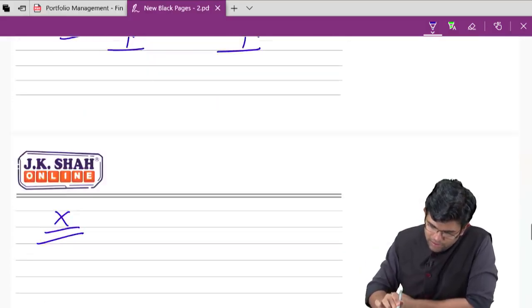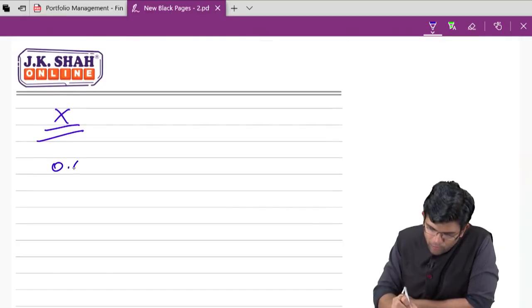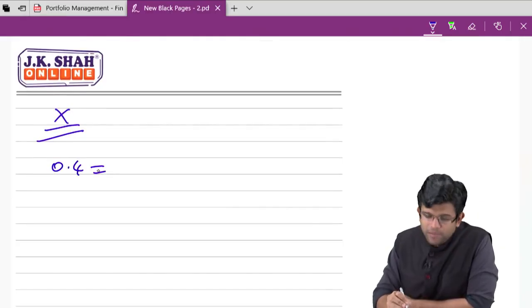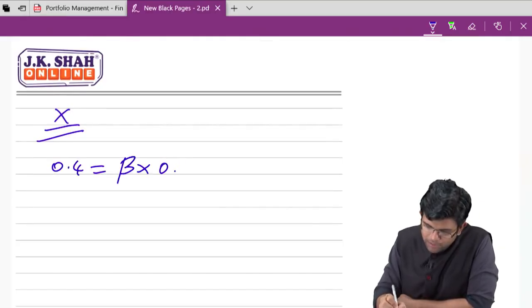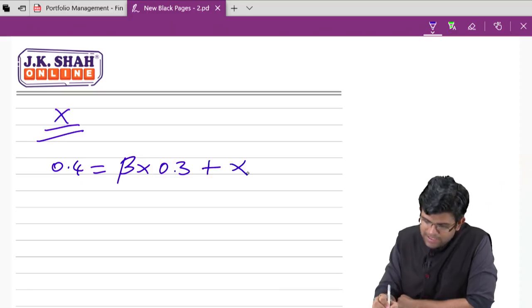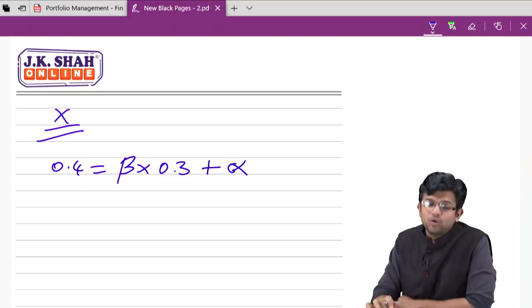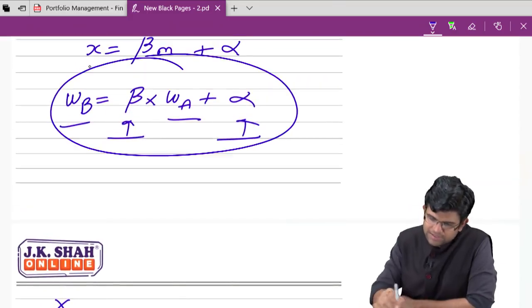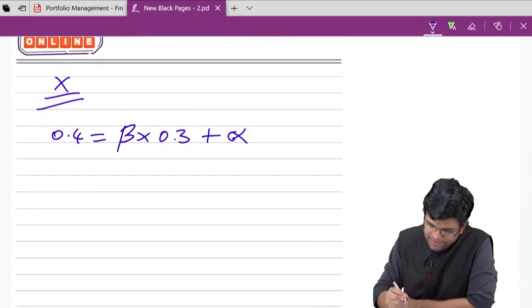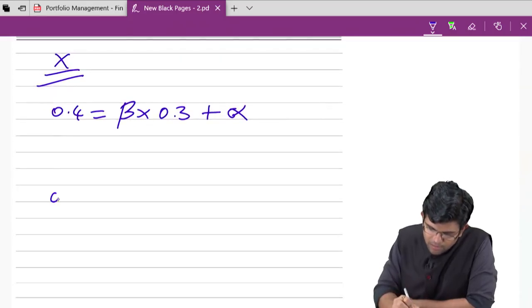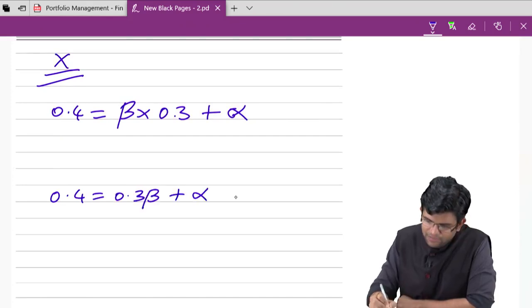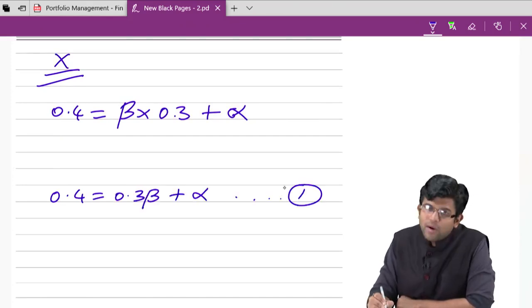So I'll write down here 0.4, okay? This is WB. WB equals beta into WA plus alpha, correct? Students, we can rewrite this as 0.4 is equal to 0.3 beta plus alpha. This becomes your equation 1.